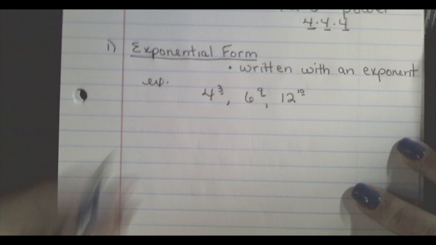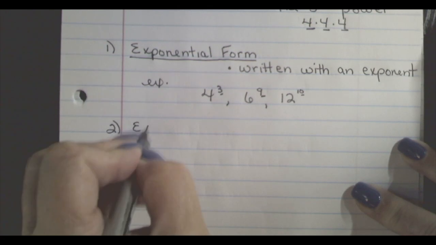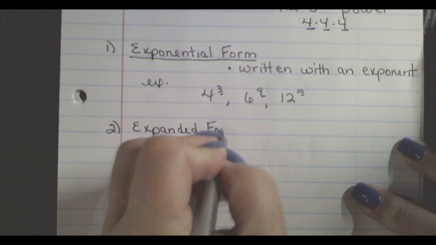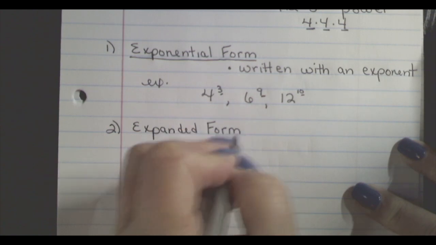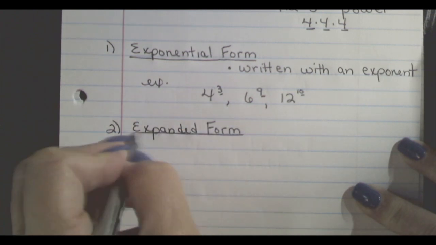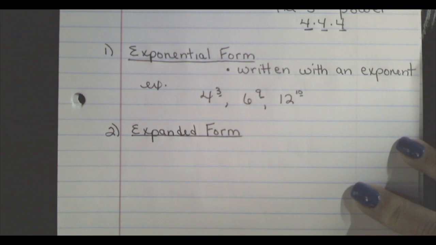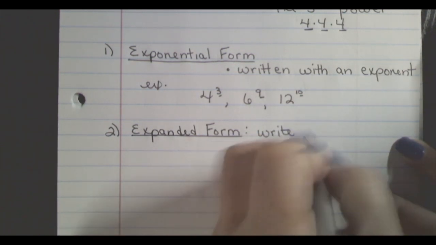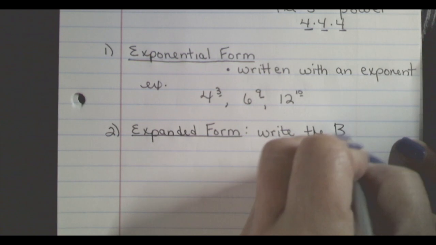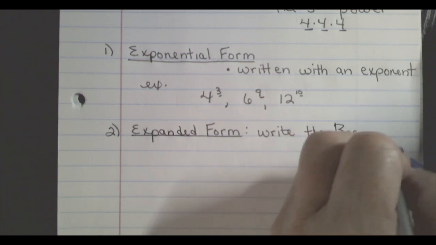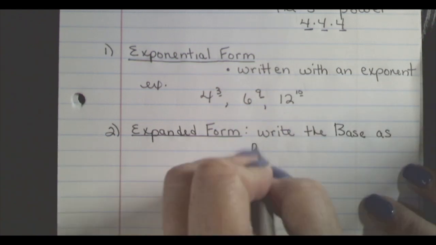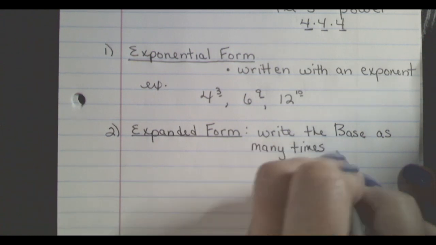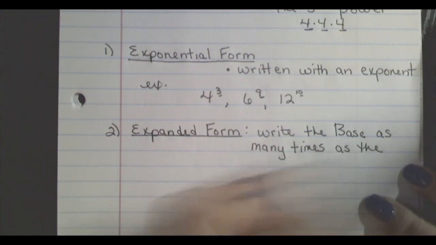The next one is going to be expanded form. Expanded form is to write the base number as many times as the exponent states.